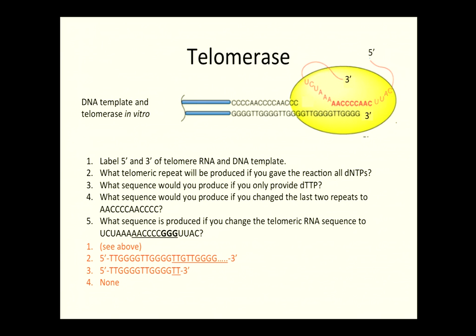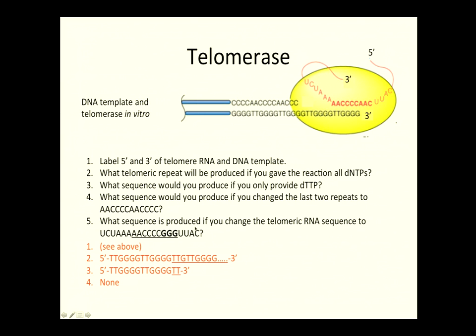No? So you wouldn't produce anything. So why wouldn't you produce anything? Yeah, so if you don't have this sequence for this specific telomerase in your DNA, if you don't have this TTGGGG, your telomerase will not be able to bind. So even if you provided all the dNTPs, it's not going to be able to recognize and find the DNA sequence. So it will not produce any sequence at all. Does that make sense? Yeah? Okay.